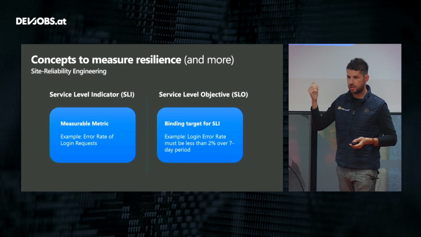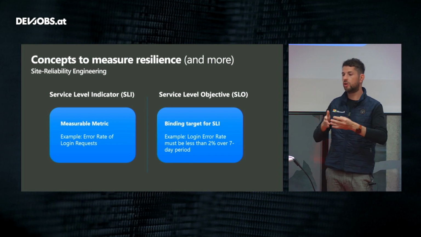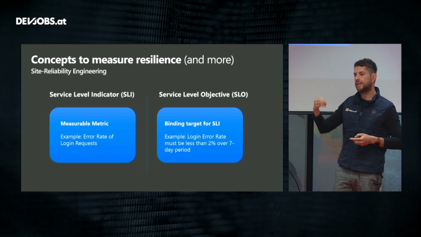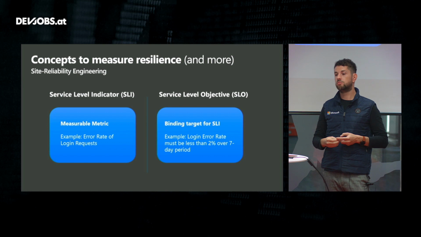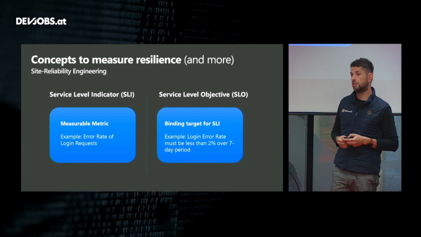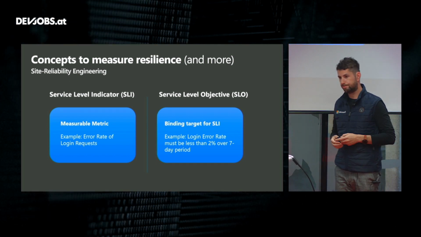Or in this example, the login error rate must be less than 2% over a defined period. So we can now define a target for our goals and measure the resilience of our applications, and then define if we met it or not.